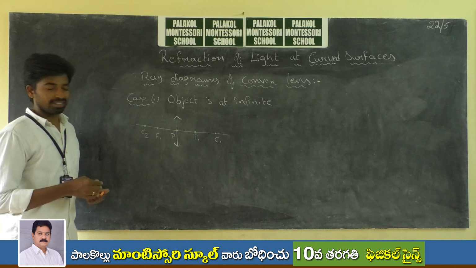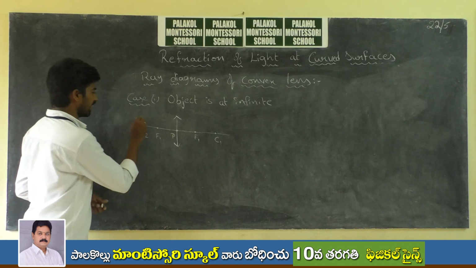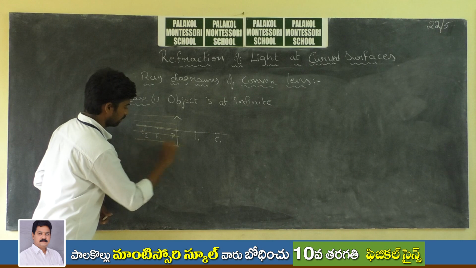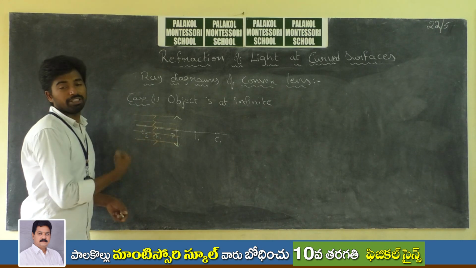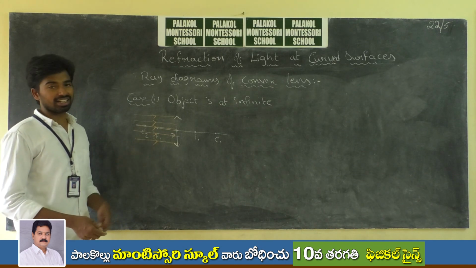When the object is at infinite distance, the light rays coming from the object can be considered as parallel light rays.